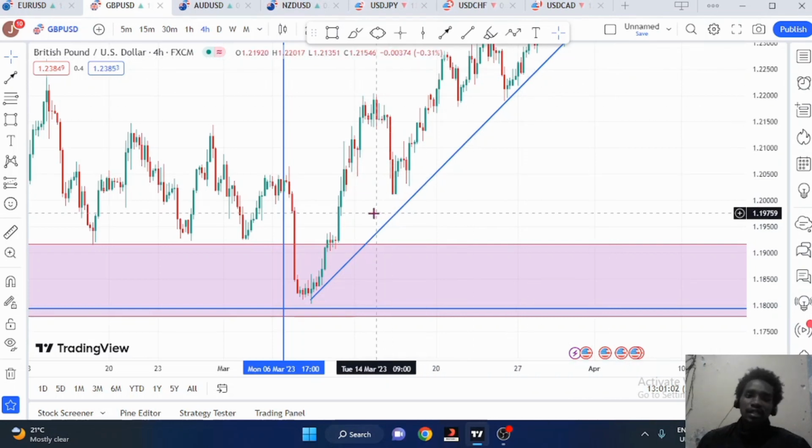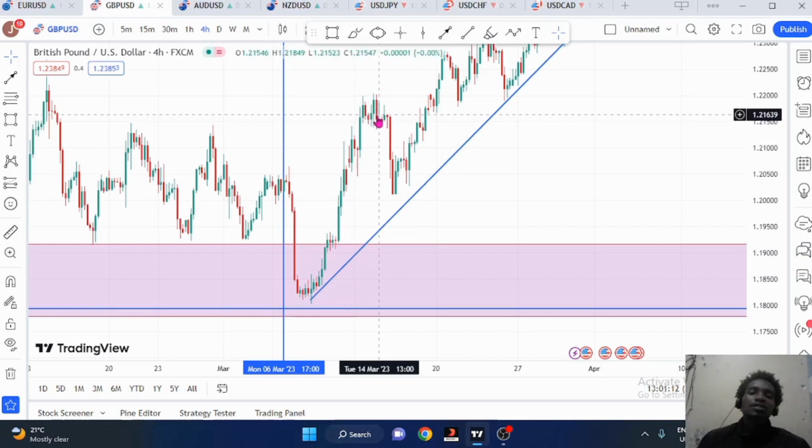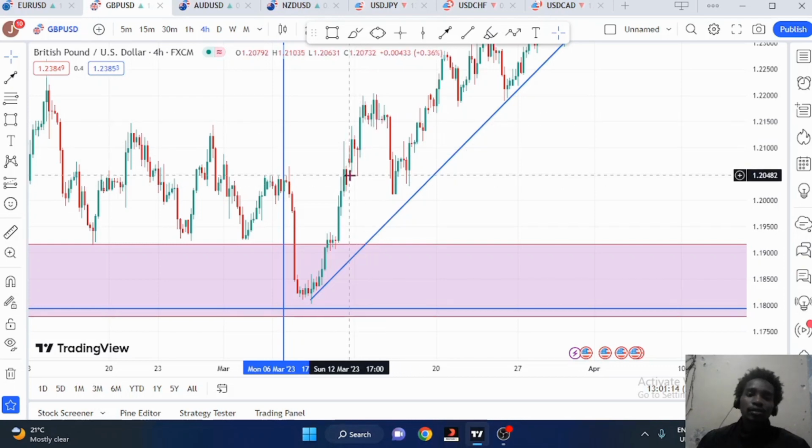A demand zone is identified whenever there is a break of structure and a different color candle made against the uptrend. In this case, it is the bear candle, and there is a huge imbalance. That qualifies as a demand zone.